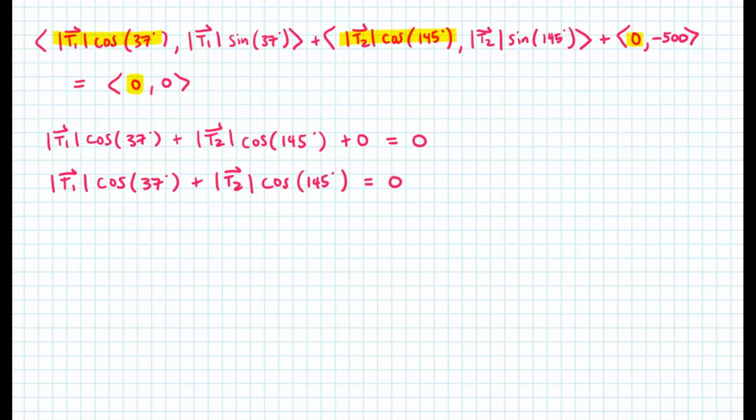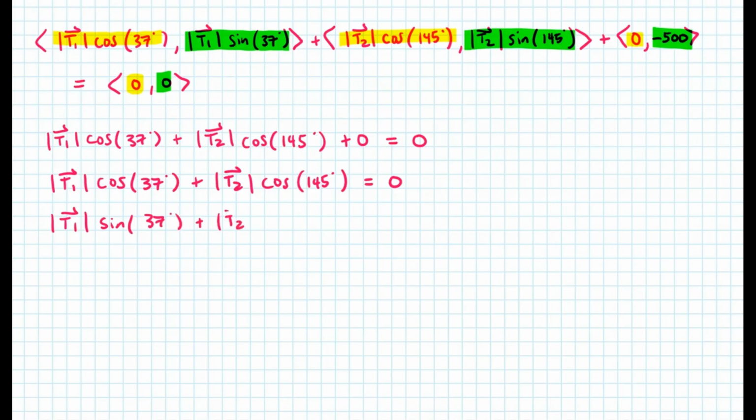Now what I'm going to do is add the vertical components together, and they should all add up to a sum of 0. So let's do that. So the magnitude of T1 times sine of 37 degrees plus the magnitude of T2 times sine of 145 degrees minus 500 or plus negative 500, however you want to write that, and that's going to equal 0.